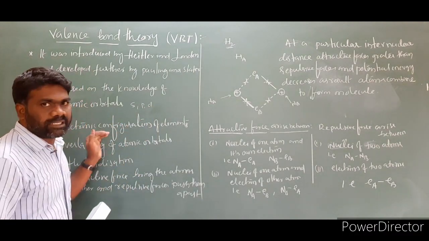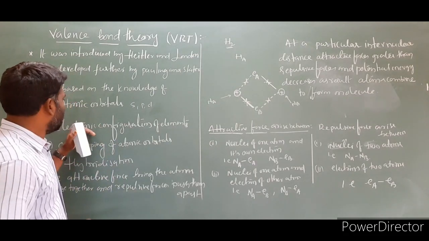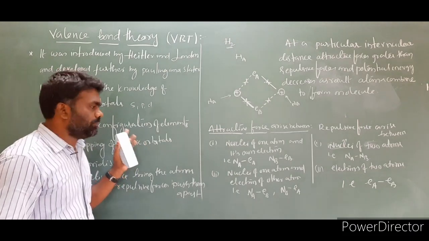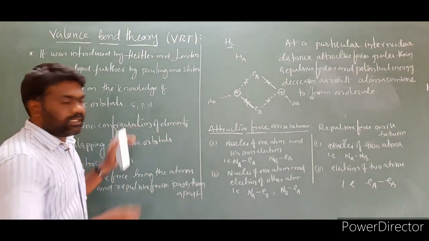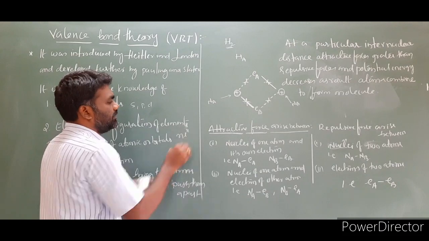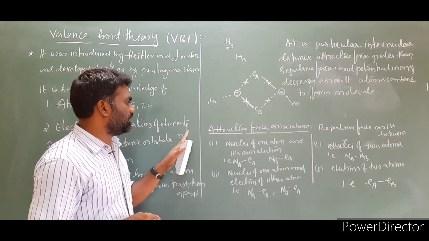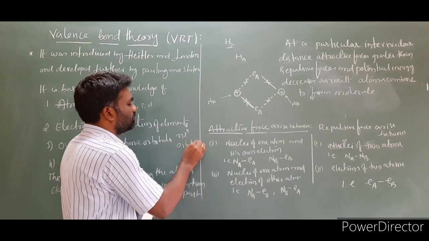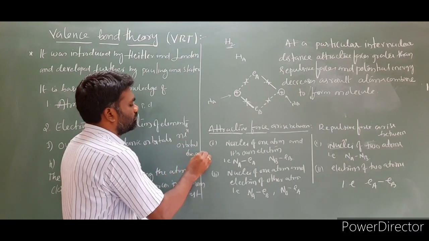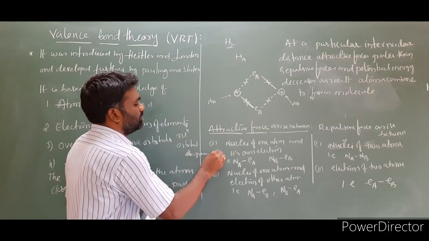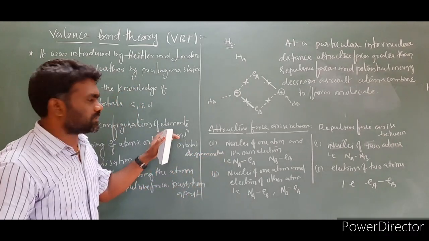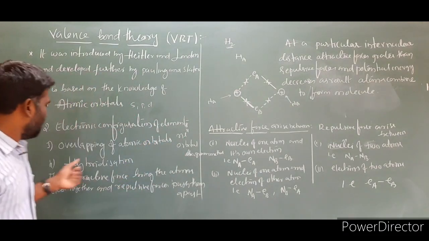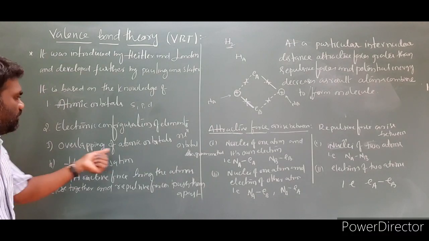We also learned the electronic configuration of elements, which has two methods: the nlx method, where n is the principal quantum number, l is the azimuthal quantum number, and x is the number of electrons, and the orbital diagram method.